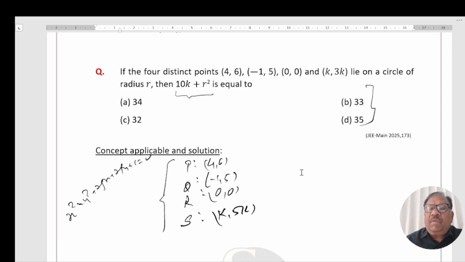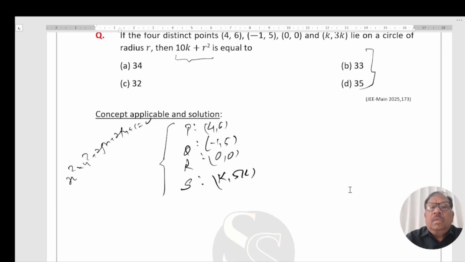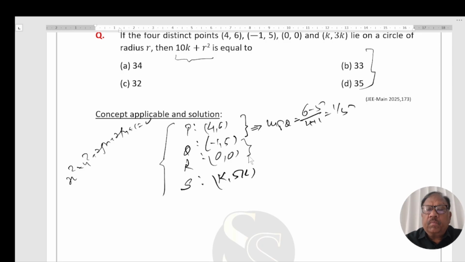Another method is to check the slopes. Slope of MPQ will be equal to (6 minus 5) upon (4 plus 1), that is 1 by 5. MQR is (5 minus 0) upon (minus 1 minus 0), that is minus 5.